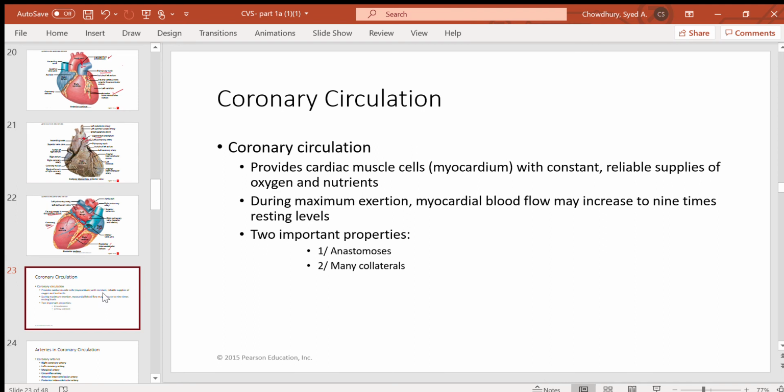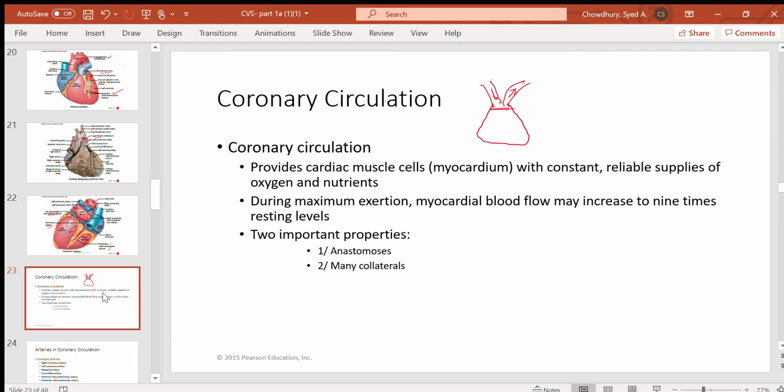Coronary circulation is the circulation that gives oxygen and nutrition to the wall of the heart. Heart sends blood to the body, right? But heart needs its own circulation for its own tissue, cardiac muscle, and that is the coronary circulation. So these are the small blood vessels. Okay, see, this is the heart, and the large blood vessels that take the blood out or bring the blood in are attached to the base of the heart.